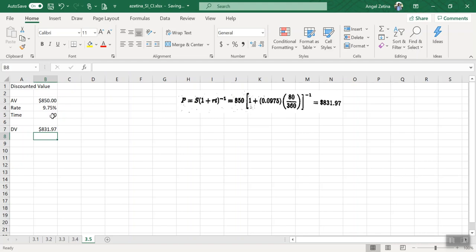Enter. We get 831 with 97 cents. Okay. So remember that in these computations, we need to ensure that we have clear information regarding what we need to calculate and using the correct input for Excel.